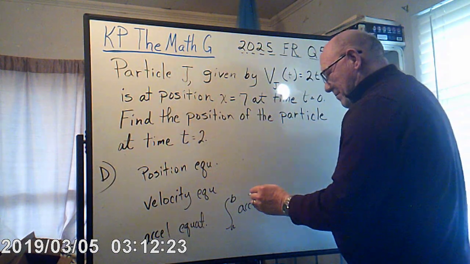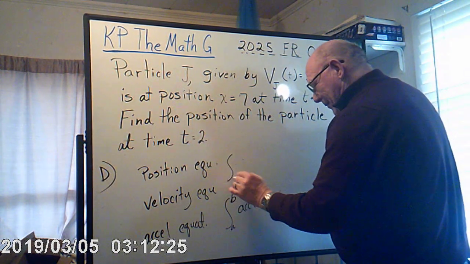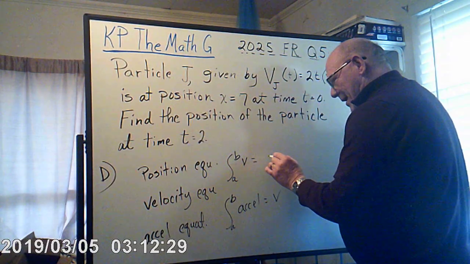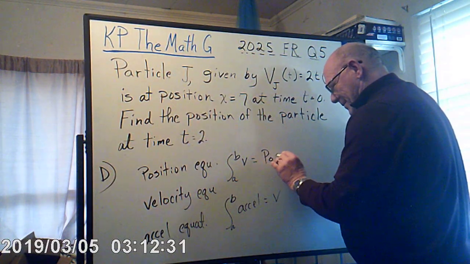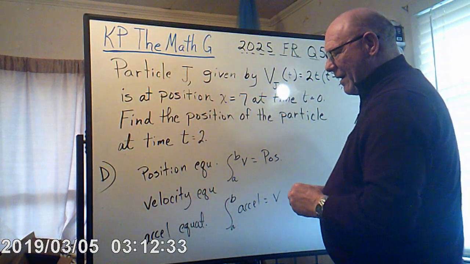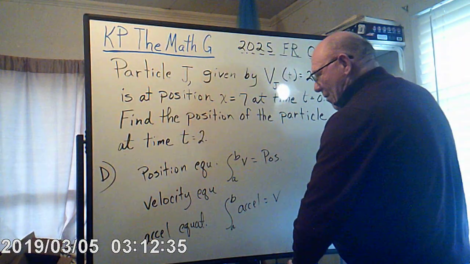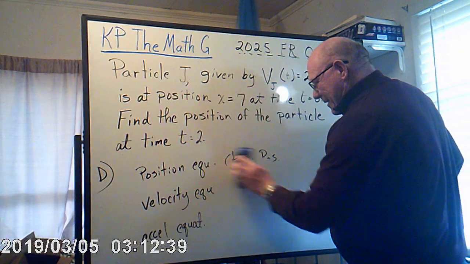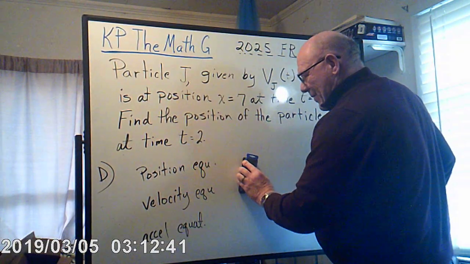If we integrate velocity from a to b, we get position. And so that's where we're at right here. We want the position equation. We want that word position.